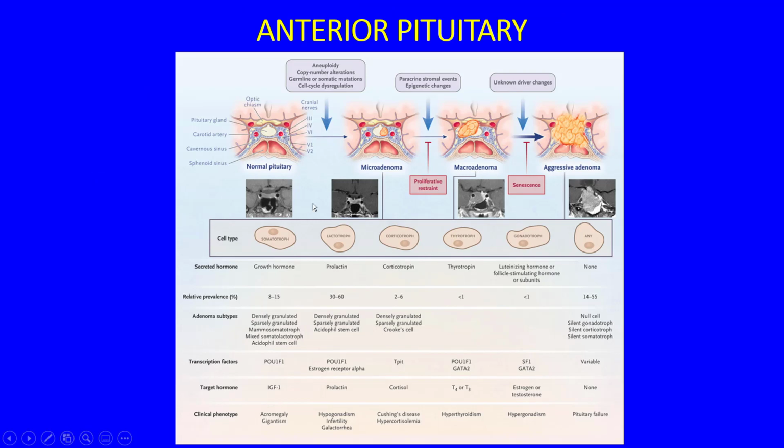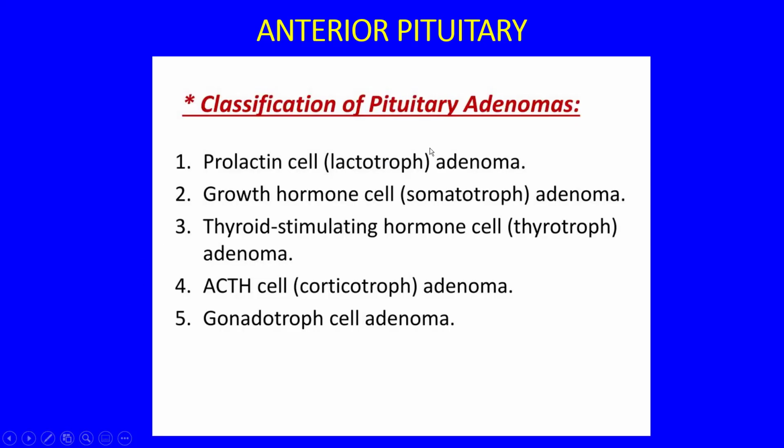Here you see some of the MRIs. You can see some of the mass here, where it's gone from a normal pituitary in the center to a microadenoma, to a macroadenoma, to eventually an aggressive adenoma. And it can attach to all the different cell types that produce growth hormone, prolactin, corticotropin, thyrotropin, etc. Let's take a look at a little more detail here.